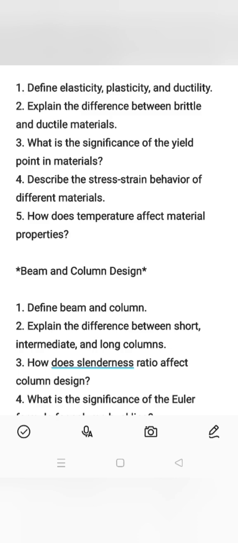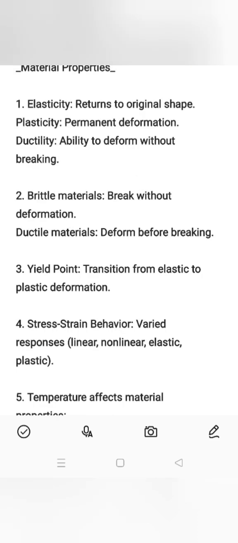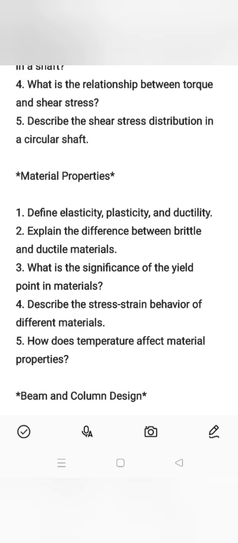What is the significance of the yield point in materials? Yield point is the transition from elastic to plastic deformation. Question 4. Describe the stress strain behavior of different materials.